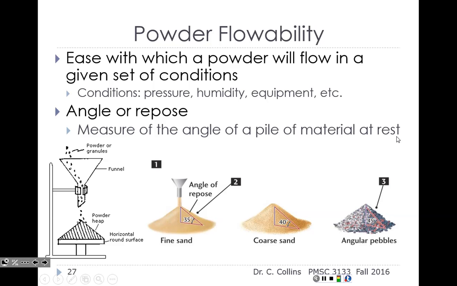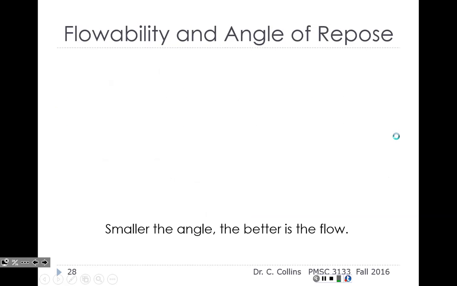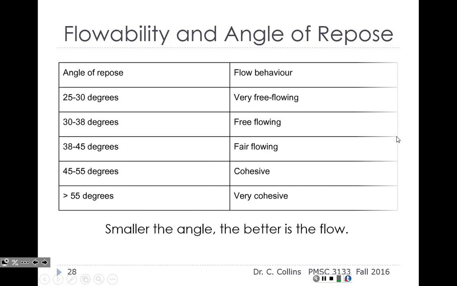The higher the pile, the more likely the particles are to stay with each other rather than flow over the material. And we don't want them to stick together, not to have good flow. So the smaller the angle, the better the flow.